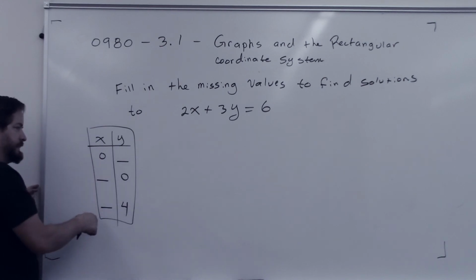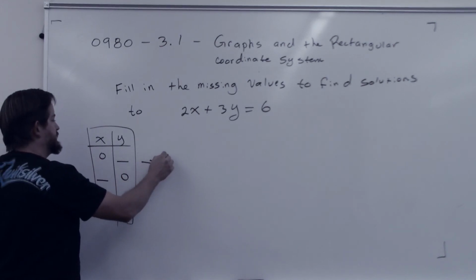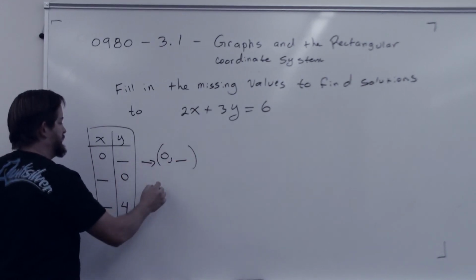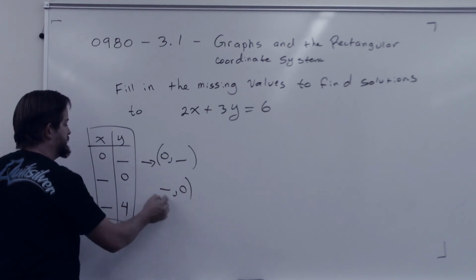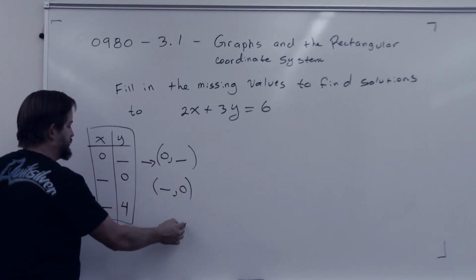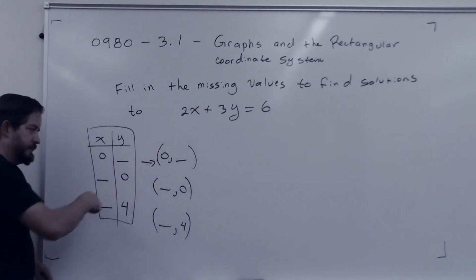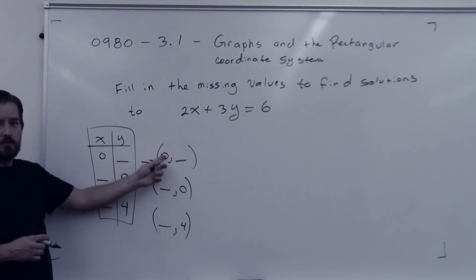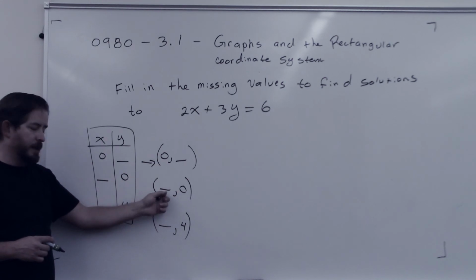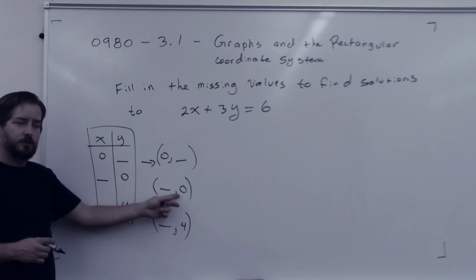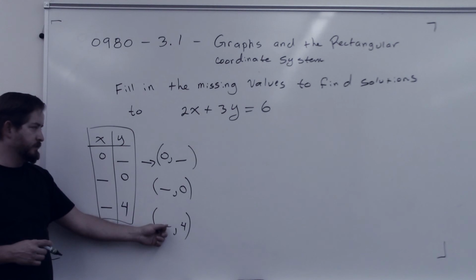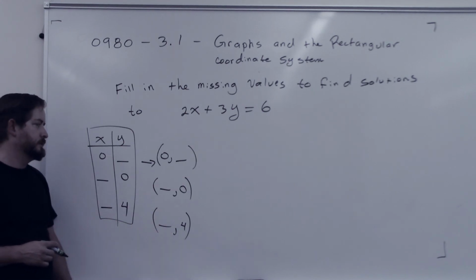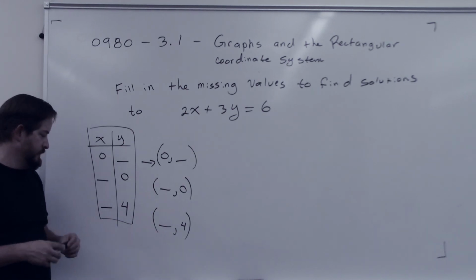It's either listed like this, or it'll be listed like (0, ?) and (?, 0), and (?, 4). Kind of the same thing. We're looking for a y value that'll make a solution when x is 0. Or we're looking for an x value that'll make a solution for when y is 0, and then another x value for when y is 4. That's essentially what we're doing.